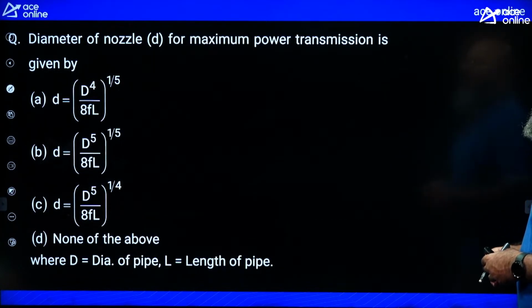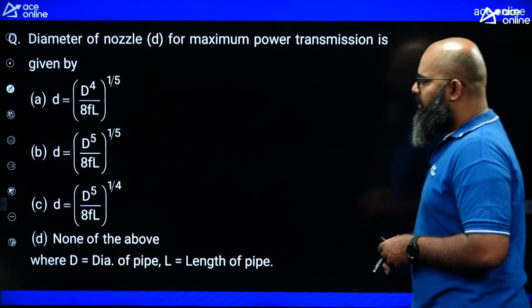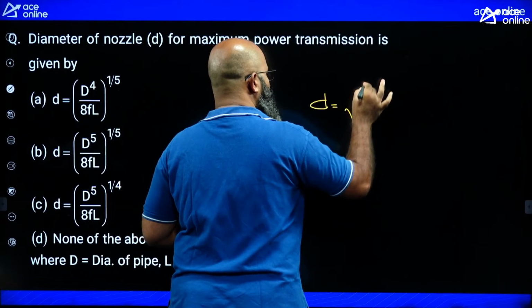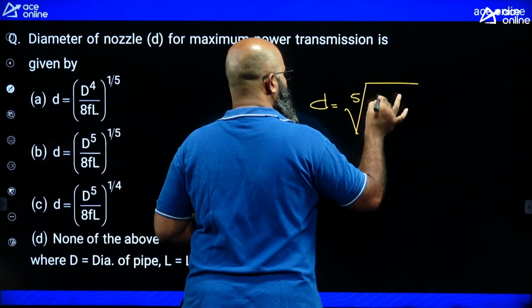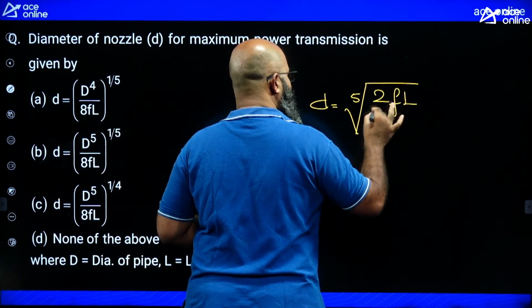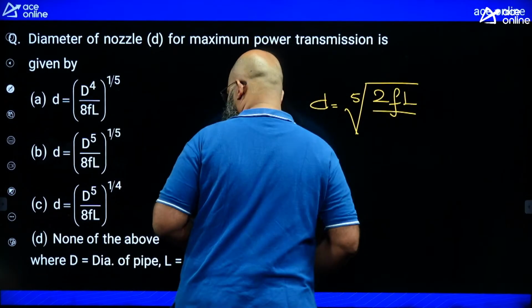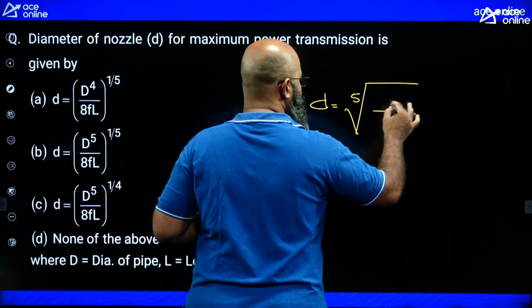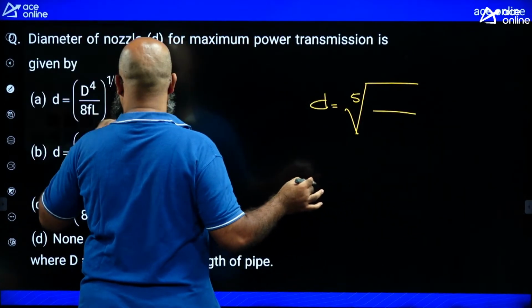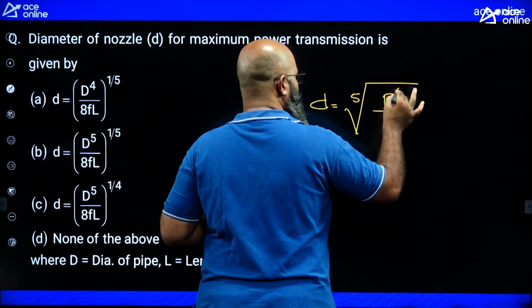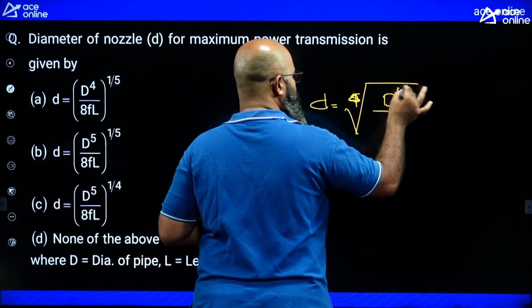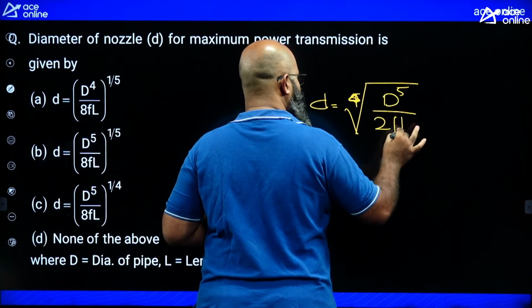Diameter of the nozzle for maximum power transmission is given by what? For maximum power transmission, the value of diameter of nozzle is equal to fourth root of D power phi upon 2 times FL.